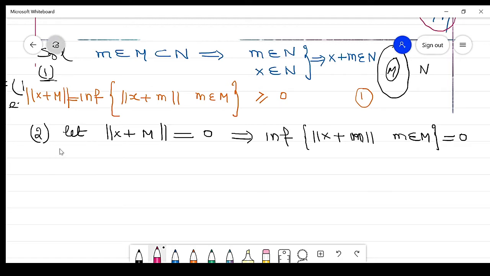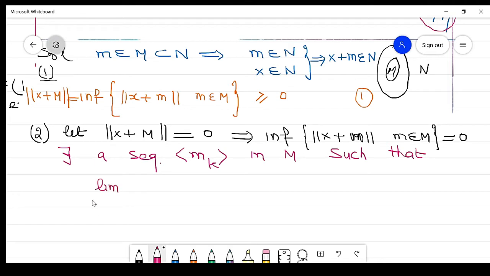So by definition, there exists a sequence. Suppose that sequence is m_k in M such that the limit as k approaches infinity of the norm of x plus m_k is equal to 0, right?